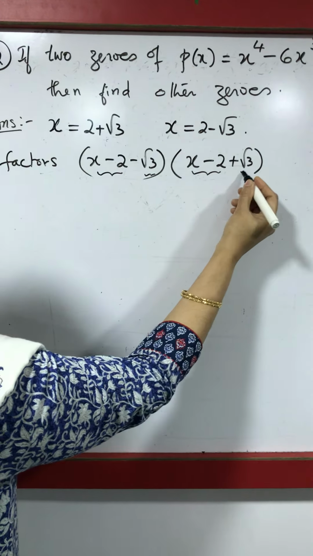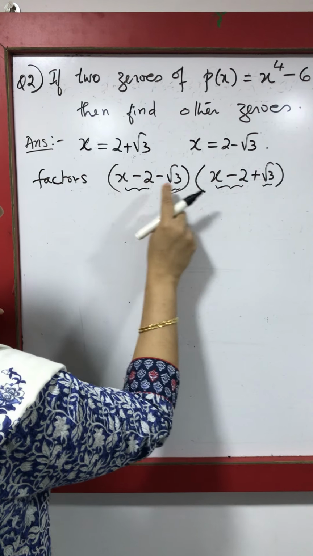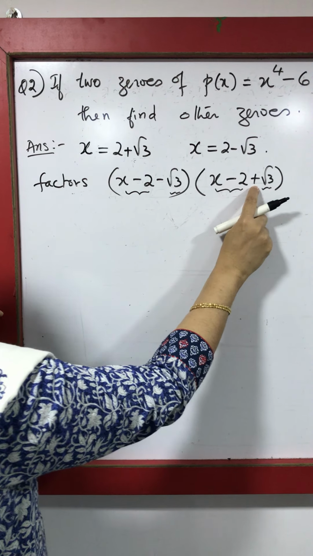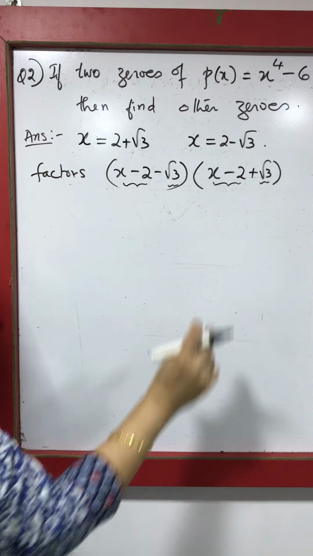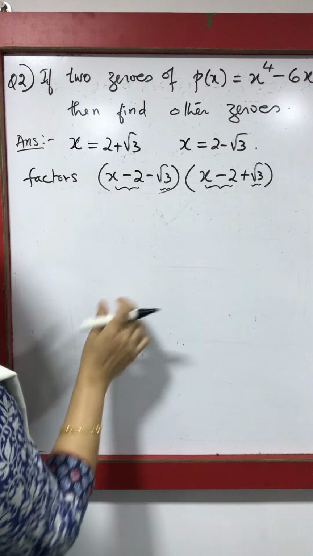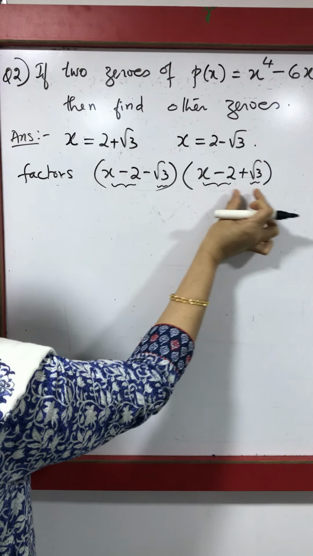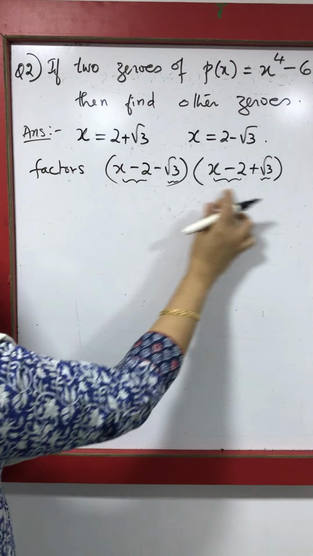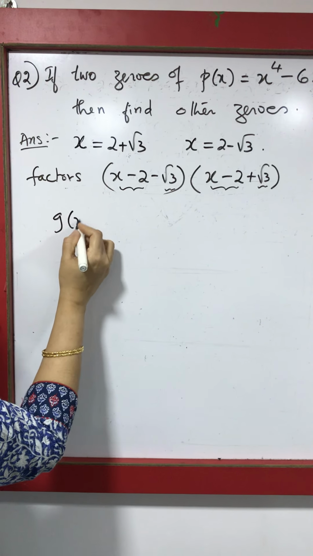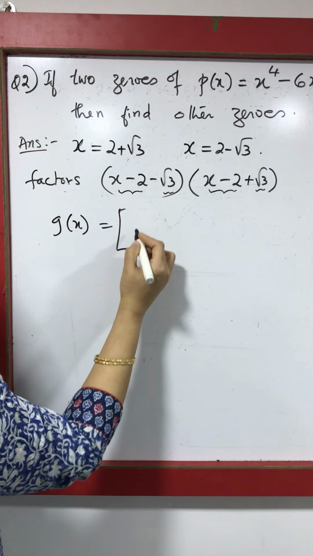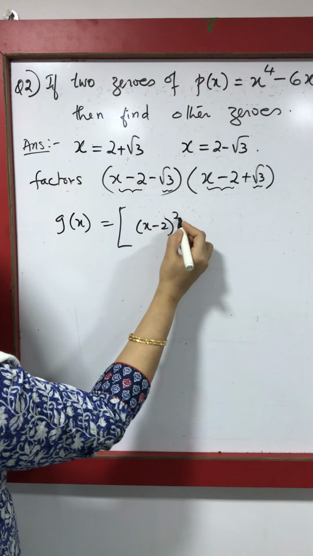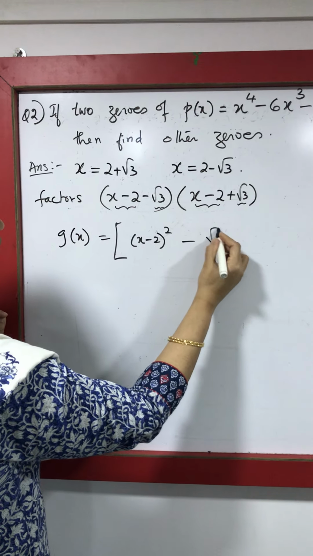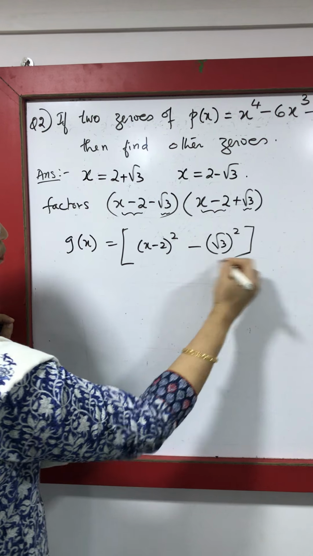Also root 3 is common, and the sign is negative in one factor and positive in the other. So we are going to use the identity (a minus b)(a plus b), and the value of the identity is a square minus b square. So that will be x minus 2 the whole square minus b square, so root 3 square.